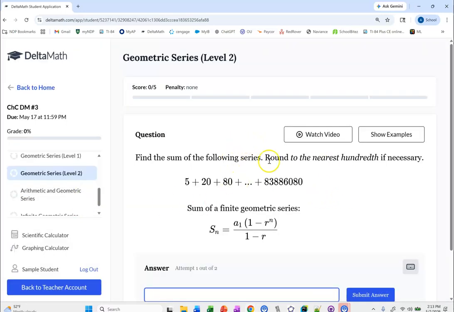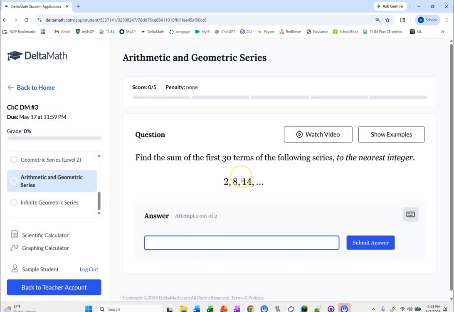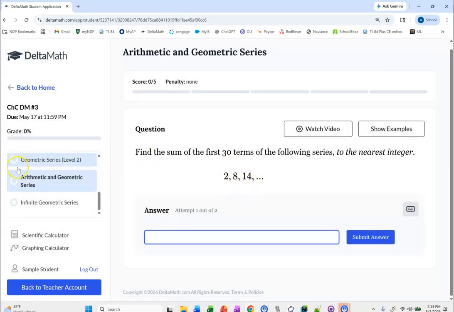The next level of this is where they don't give you the n. You have to solve for it, like we did in the example. Here, they don't tell you whether it's arithmetic or geometric.